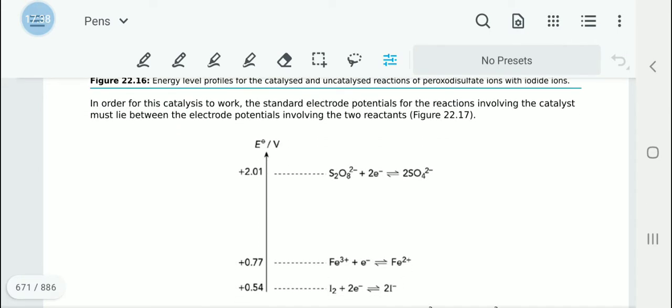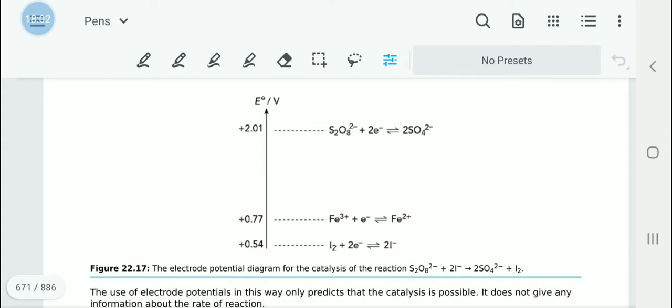Then write underneath that, in order for catalysis to work, the standard electrode potential for the reactions involving the catalyst must lie between the electrode potentials involving the two reactants.